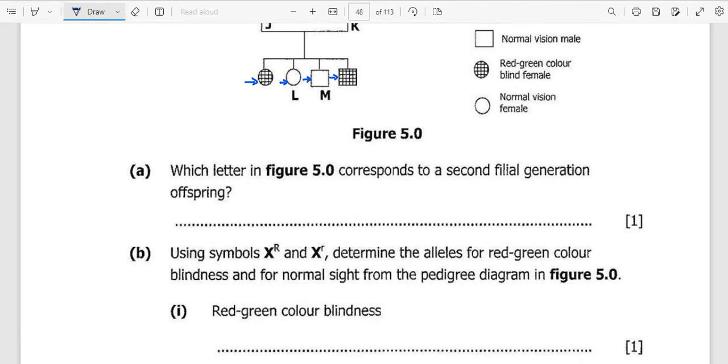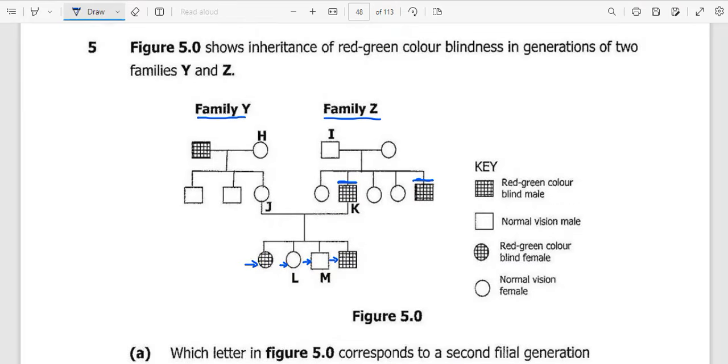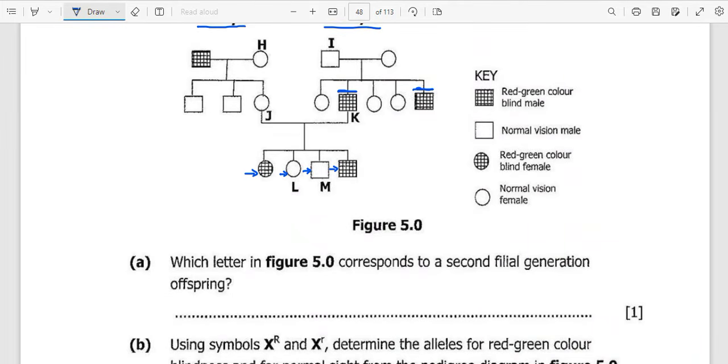So this is the second generation, because they came from the children of family Y and Z. So here the answer is the letter L.